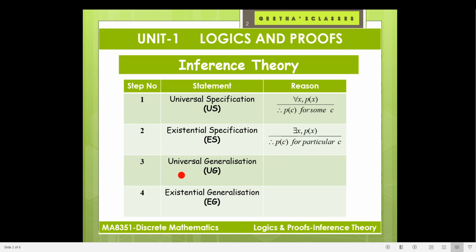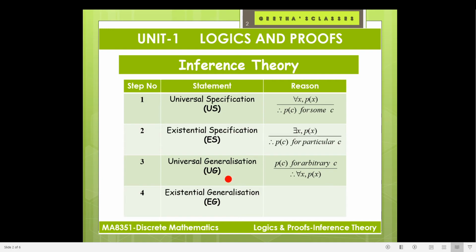Now the third one is universal generalization, UG. Here it is the reverse process of universal specification. P of c, for arbitrary c, can be written as for all x P of x.